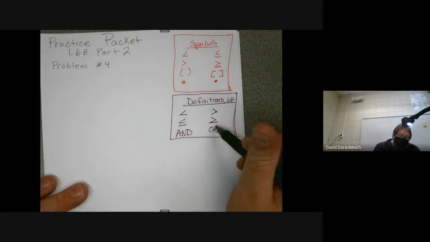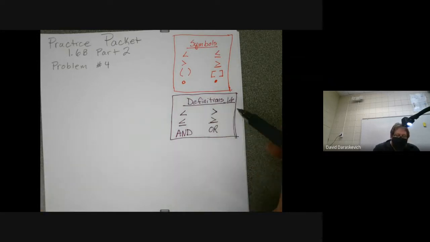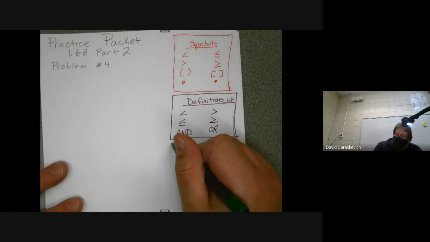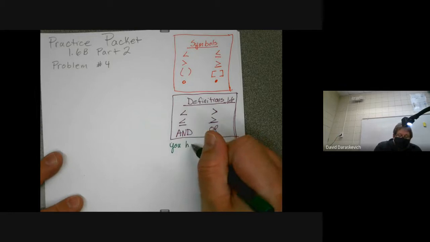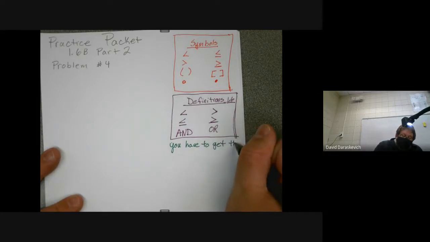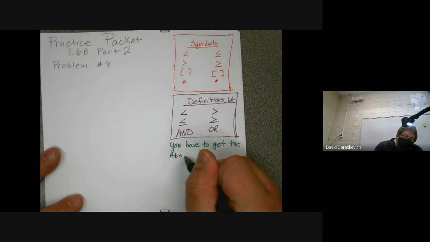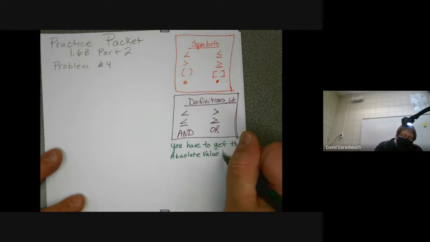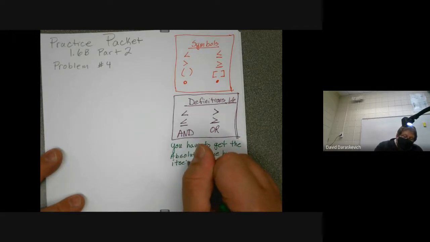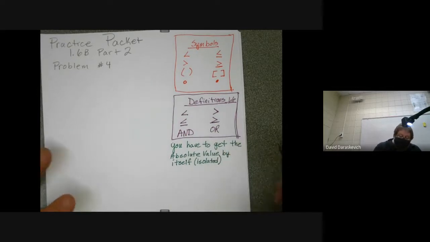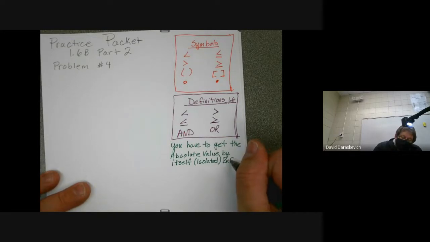Before you can split up, as in 1.6 part 1 where you split up that absolute value equation, with inequalities you're going to have to get the absolute value term by itself first, or what we call isolated, before you split the problem up.